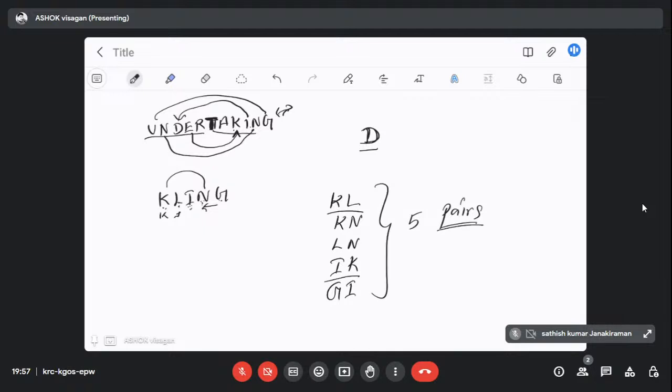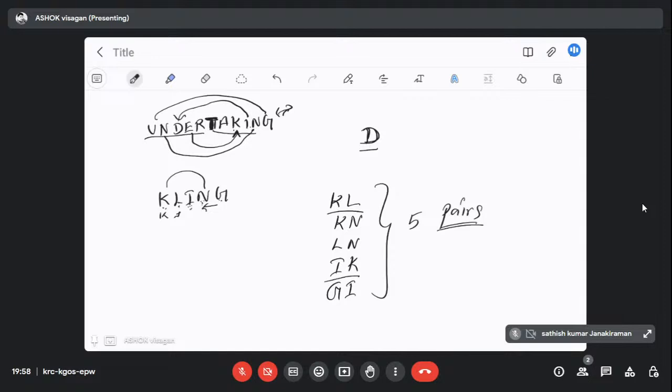And the second one is, they'll ask how many such pairs are there in the given word. These are the most common questions asked in alphabet test. Sometimes they will ask you to arrange the given word. They may give you a five-letter word and ask you to arrange it in alphabetical order also. Those things come under alphabet test. So this is what you will have in this abstract reasoning part.